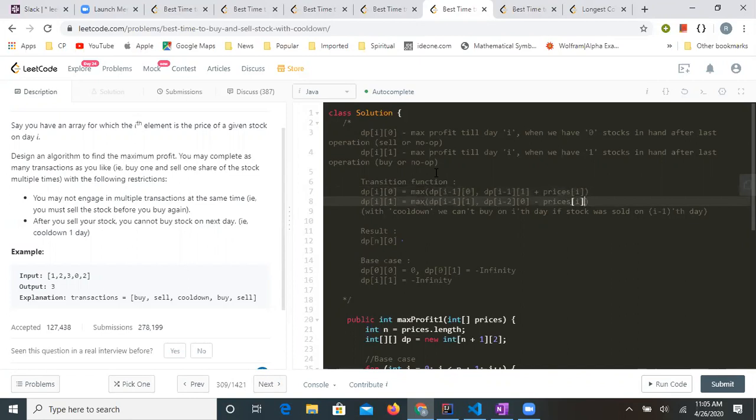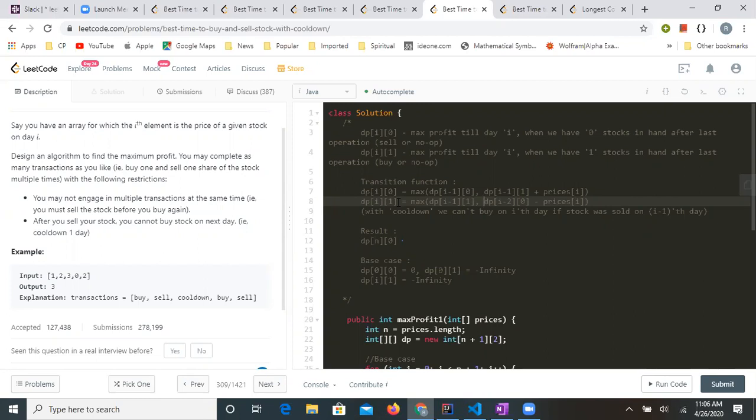But here, what I want to do is get one stock in hand. So the easy case first: I already have a stock in hand from the previous day. It's a no-op for me. But the other way I can have a stock in hand today is if I buy one. When I buy one, I have this restriction that I cannot buy today if something was sold yesterday.